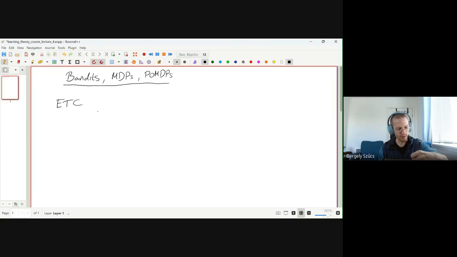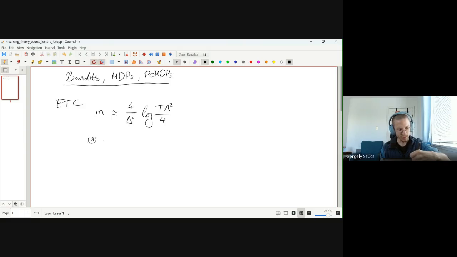We analyzed to some extent the case when we explore each arm m times, where m was roughly something like 4 over delta squared times log of t delta squared over 4. The exact form doesn't matter, there are just some main issues with this.